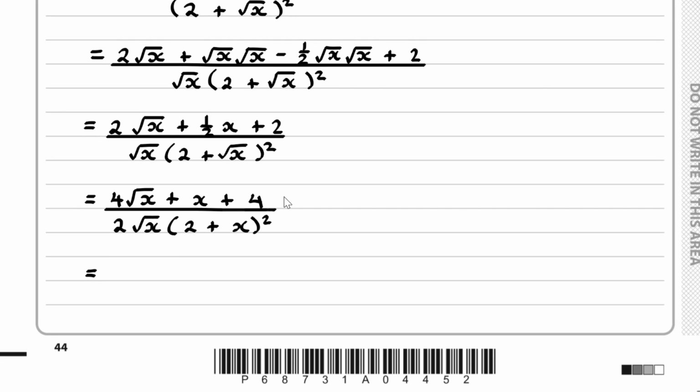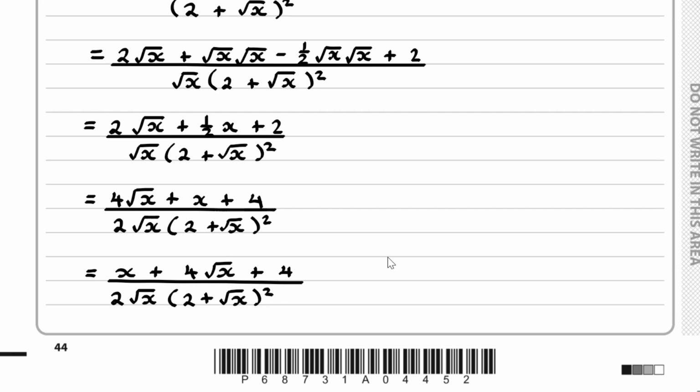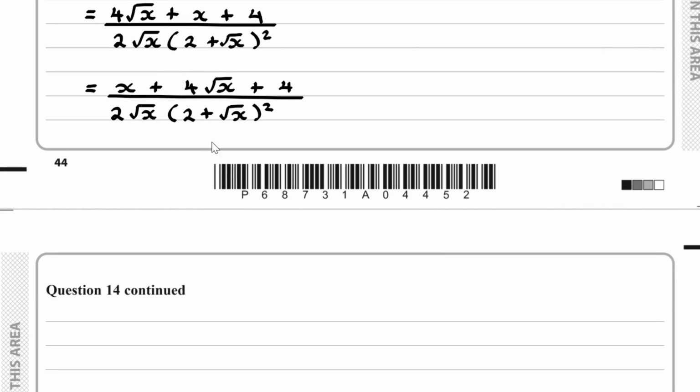Now, through commutativity, we've got x plus 4 times by square root x plus 4 on the top, and on the bottom, we've got 2 root x times by 2 plus square root x squared. Now, let's expand along the bottom.